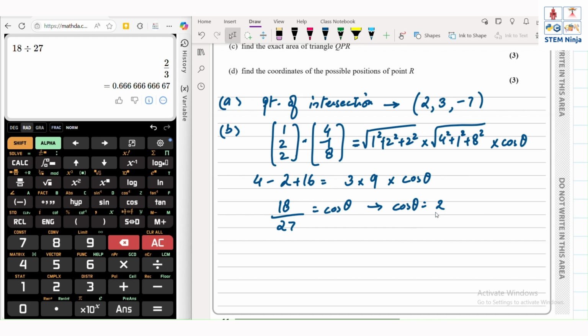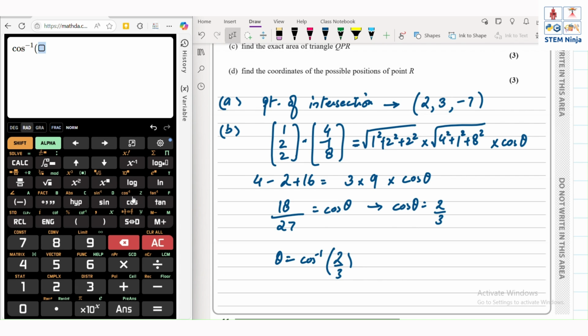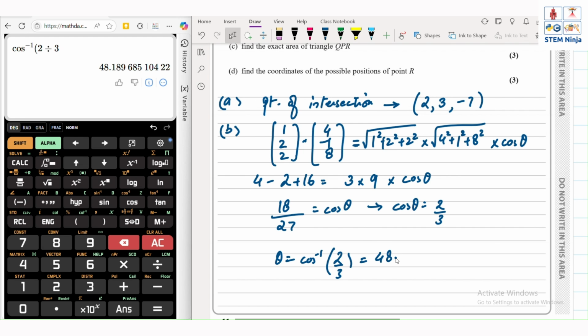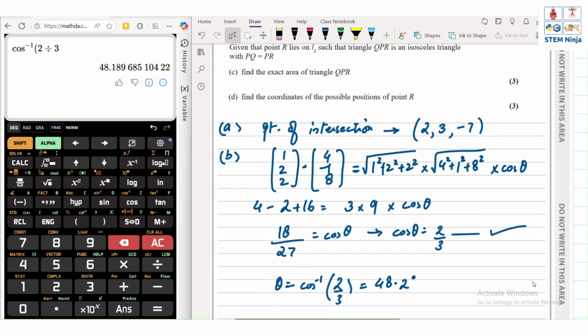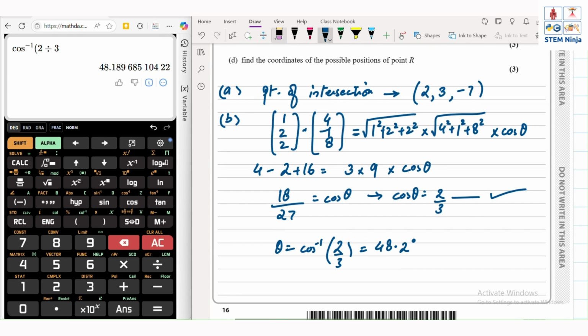That is 2 by 3. So theta would be the cos inverse of 2 over 3, which in degrees is 48.2 degrees. Oh, my bad. Sorry. The question was just cosine theta. So this is the answer. We don't need to find theta.